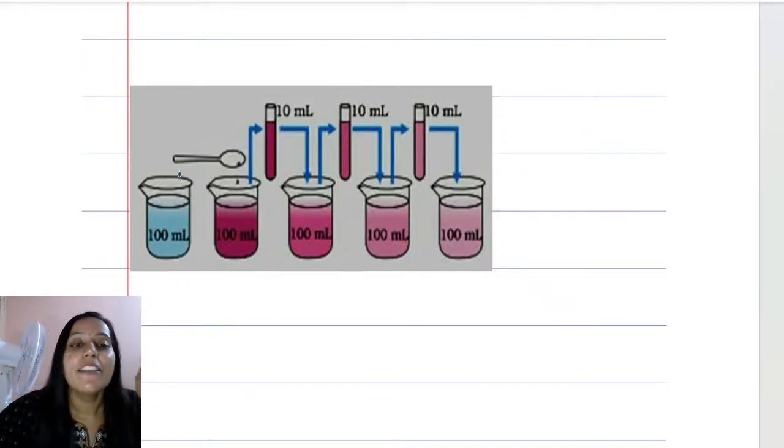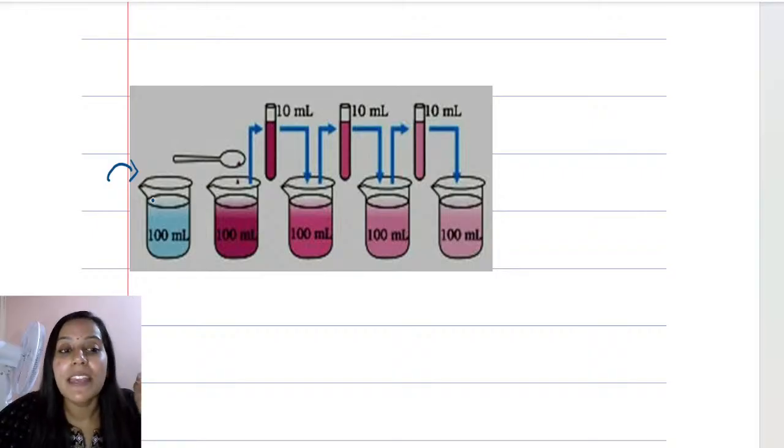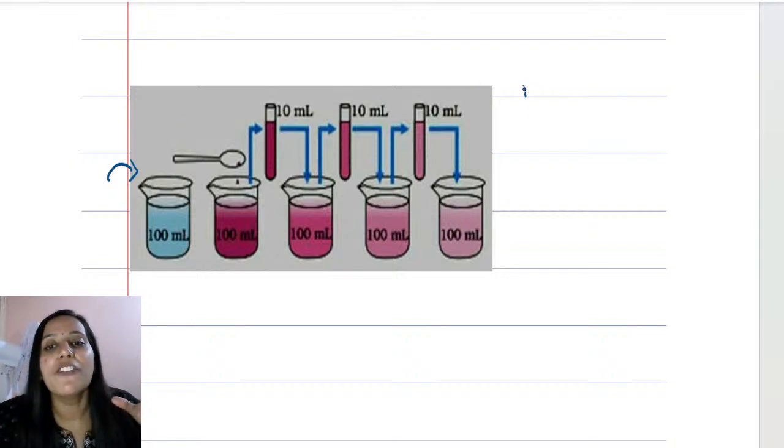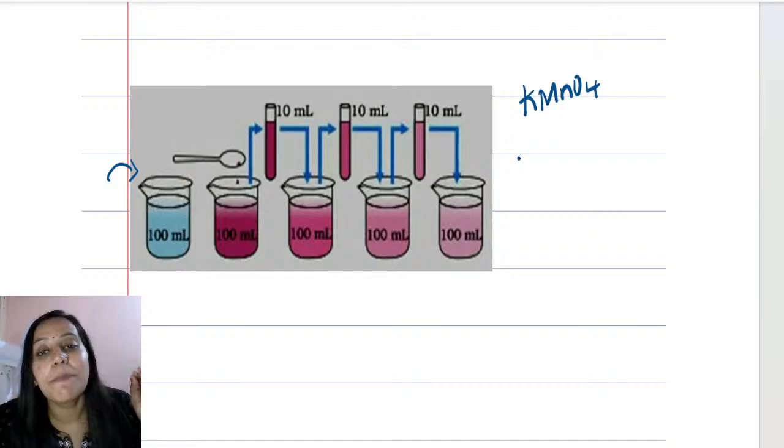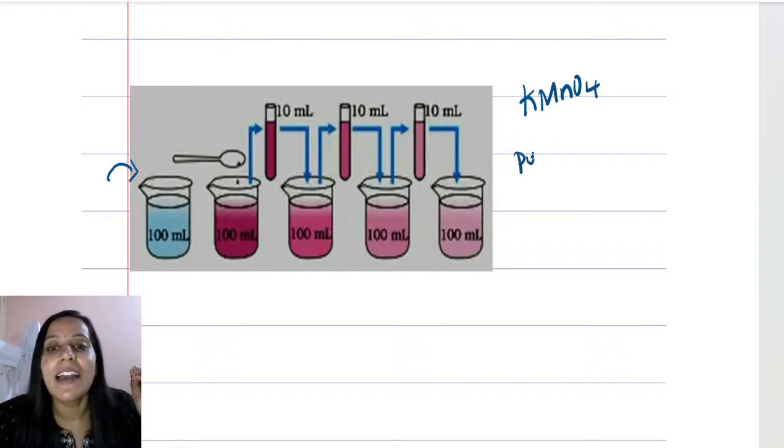You can see, firstly, we have to take a beaker and fill the beaker with 100 ml of water. Take a beaker, just fill that beaker with 100 ml of water. To this beaker, now I am adding a spoonful of potassium permanganate. Potassium permanganate formula is KMnO4. It is basically a purple color crystal, children.